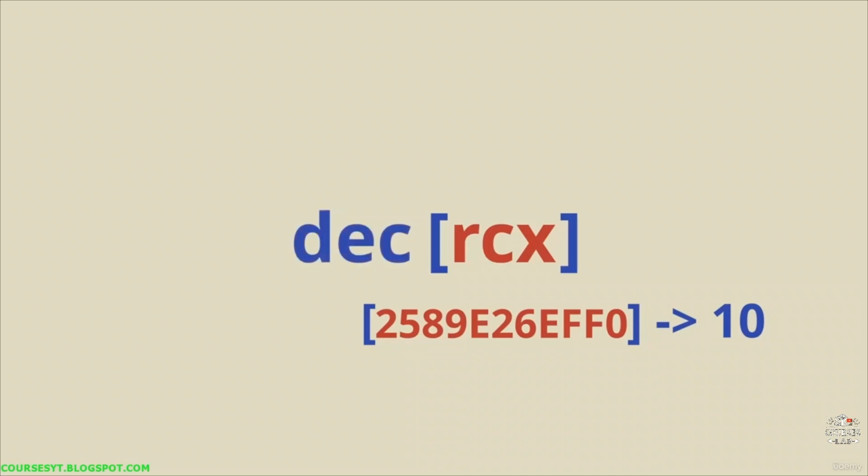And when it gets there, it can actually change the box inside RAM. So instead of changing RCX this time, we're going to change the value inside the RAM, changing the value from 10 to 9, just the same as before. So again, the difference between brackets and no brackets is that no brackets affects the register directly, and with brackets we affect the box that the register points to.